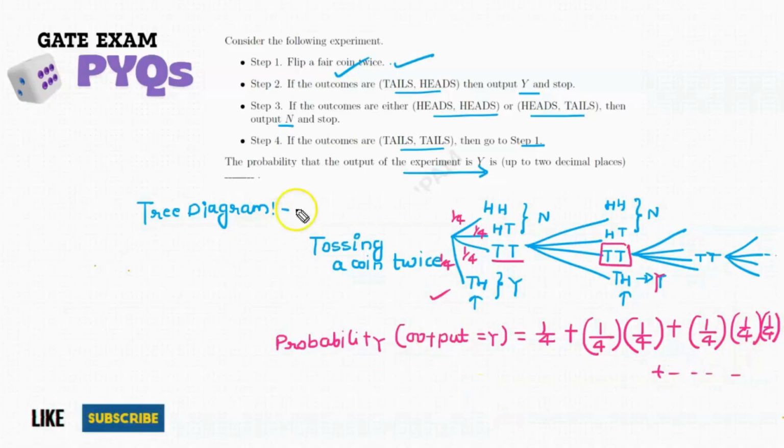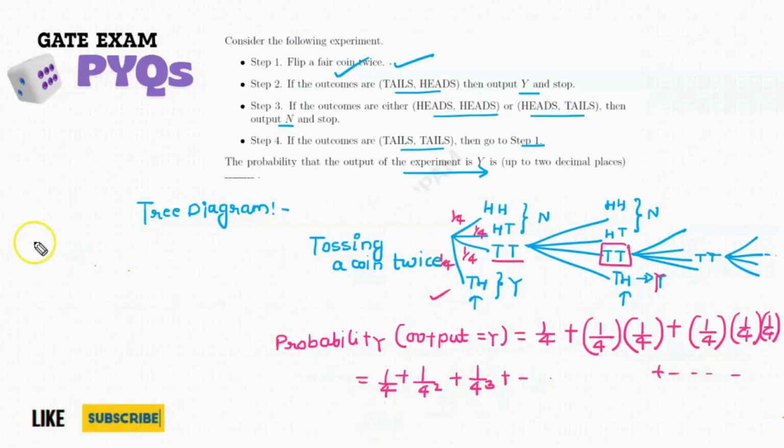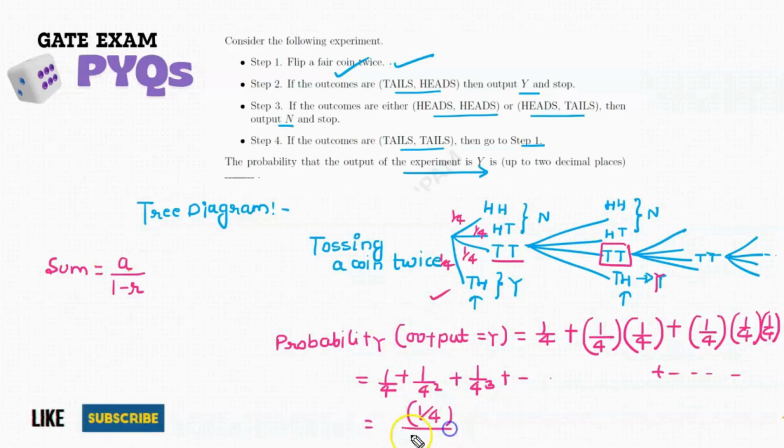Continuing this process, we'll get a geometric sequence: 1 over 4, 1 over 4 square, 1 over 4 cube, and so on. And we know that the sum of an infinite geometric series is a over 1 minus r. Here a, the first term, is 1 over 4, and r, the common ratio, is 1 over 4.